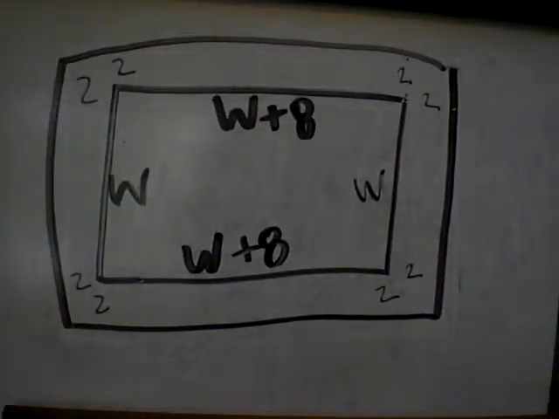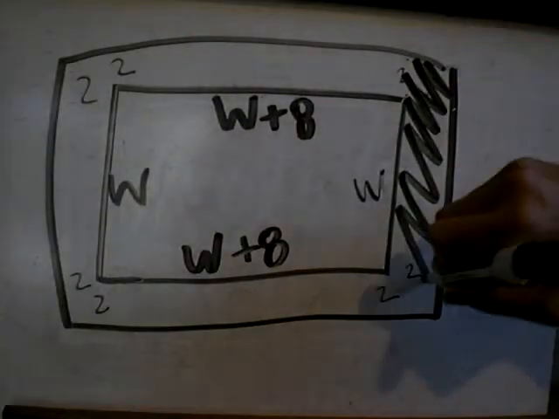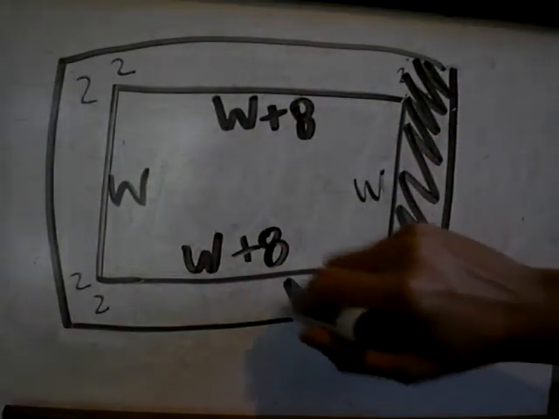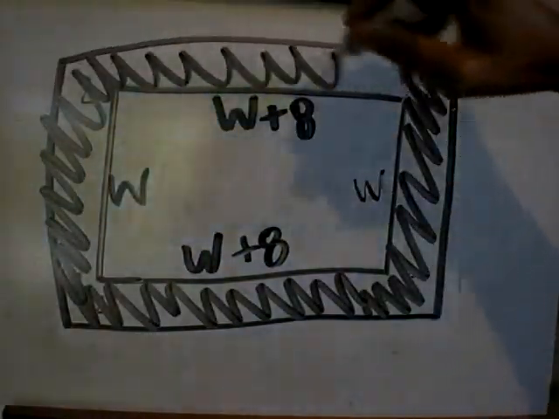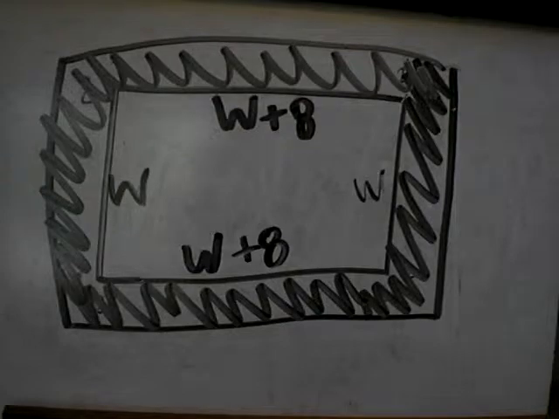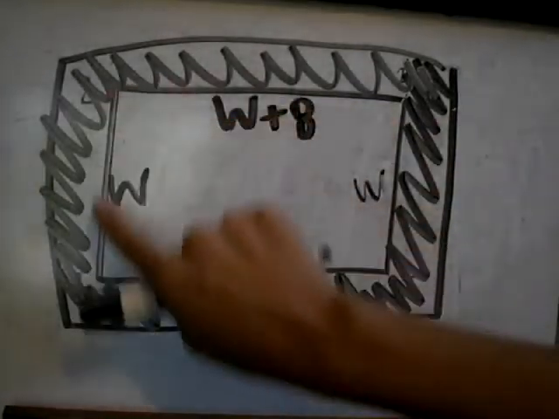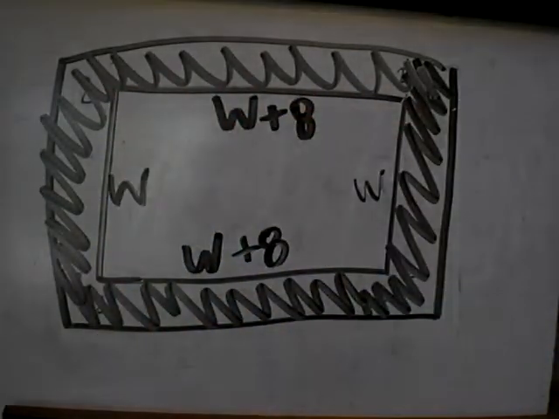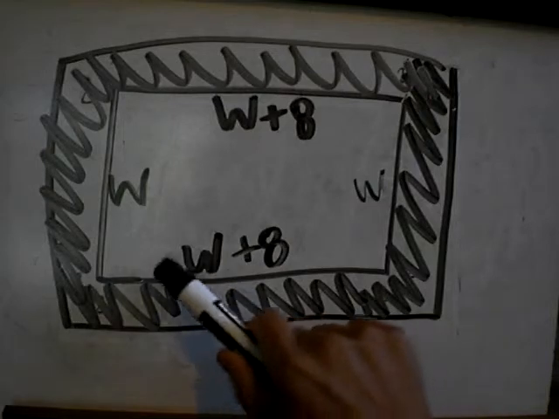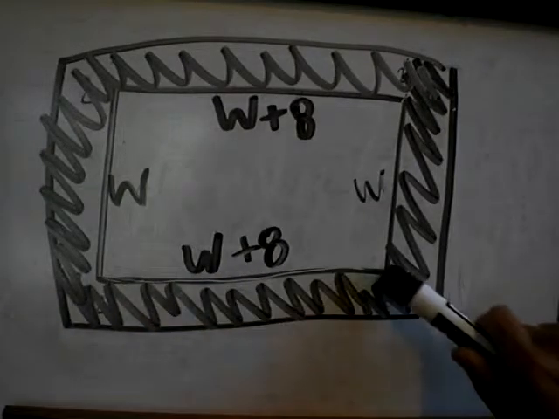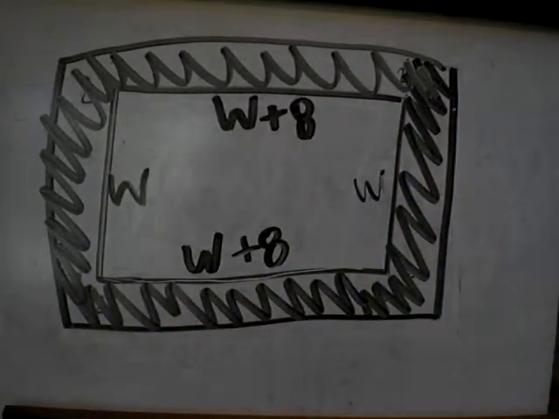The area of the walk, so it's all this stuff right here, the area of the walk is 176 feet squared. Find the dimensions of the flower garden, so the small rectangle. And dimensions, so they want to know what the length is and what the width is. Sure, we know that it's W plus 8 and this is W, but no, they need actual dimensions.